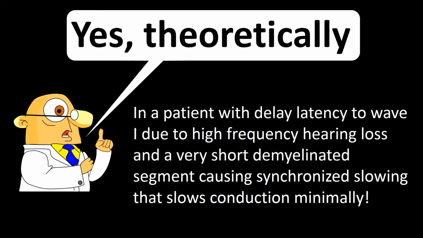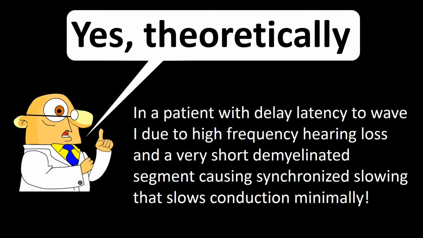Theoretically, the answer is yes, but it has to be a very peculiar situation. The patient must have a high frequency hearing loss and a very restricted lesion producing minimal slowing of the brainstem pathways, so as to be compensated by the delay in wave 1, which is out of proportion to the delay of wave 5 in patients with high frequency hearing loss.